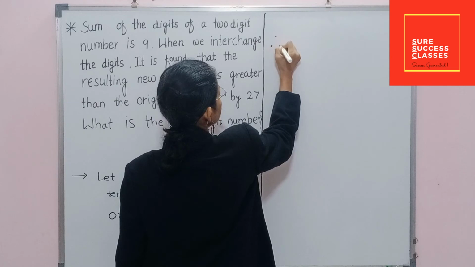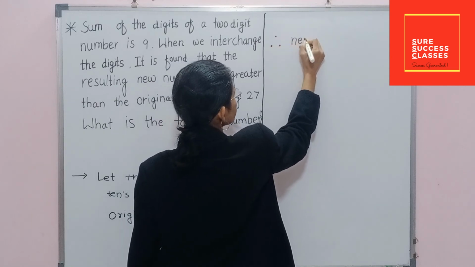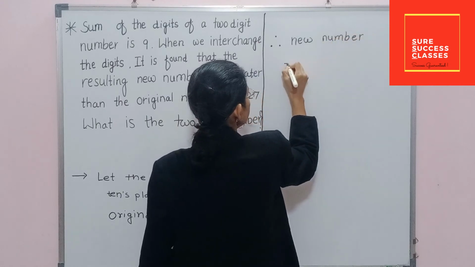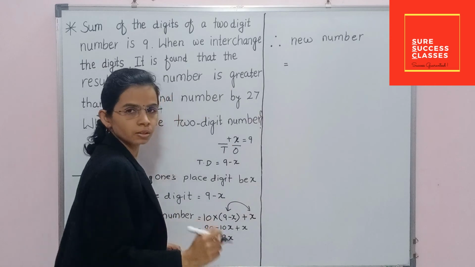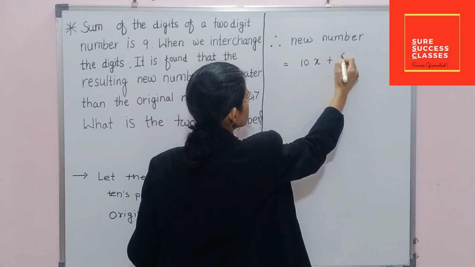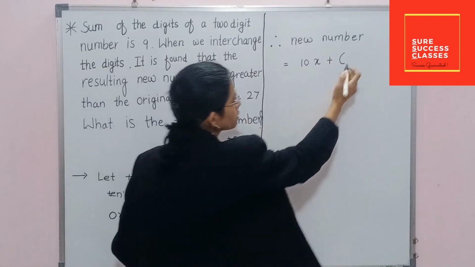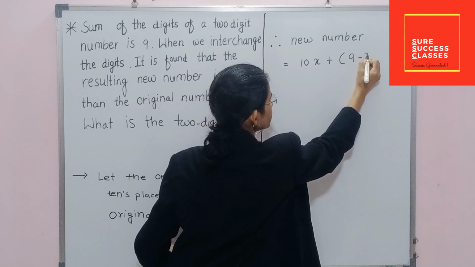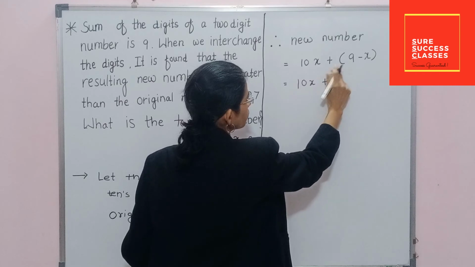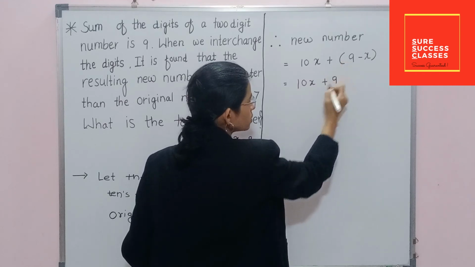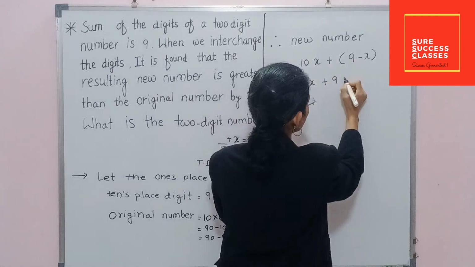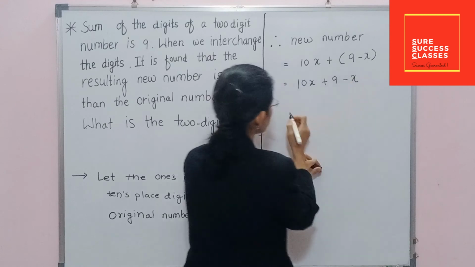So our new number will be, this x will come at tens place, 10x, and 9 minus x will go to ones place, 10x plus 9, and plus into minus, it will become minus x.